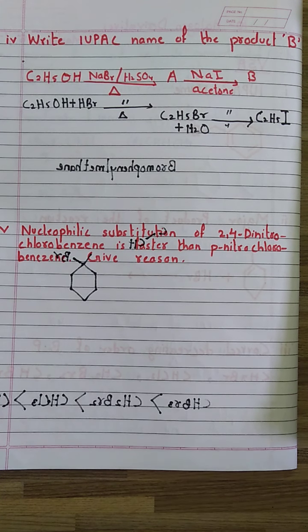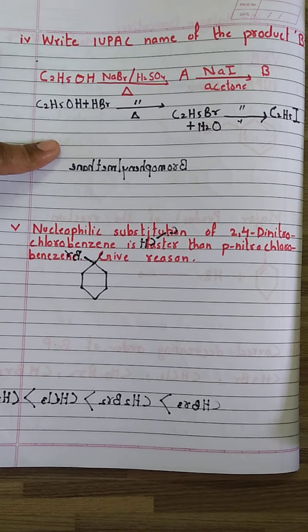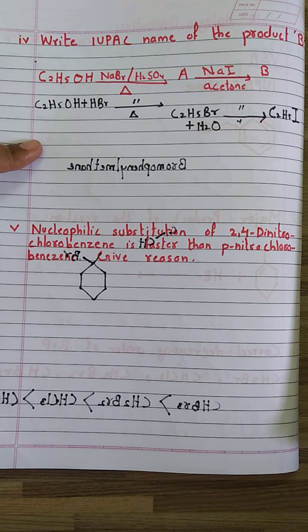The reason is that in case of halogen derivative of arenes, the ring is more stabilized due to the resonance effect.